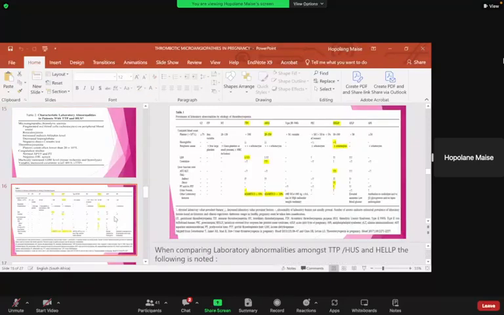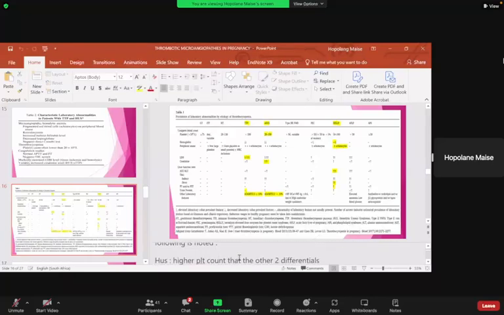Here's a good table that basically summarizes the comparisons between the laboratory abnormalities amongst TTP, HUS, and HELLP itself. So the following can be noted. HUS shows a higher platelet count than the other two differentials. Reduced hemoglobin is significant in HELLP syndrome. The peripheral smear can have severe schistocytes or the absence of them in HELLP syndrome.